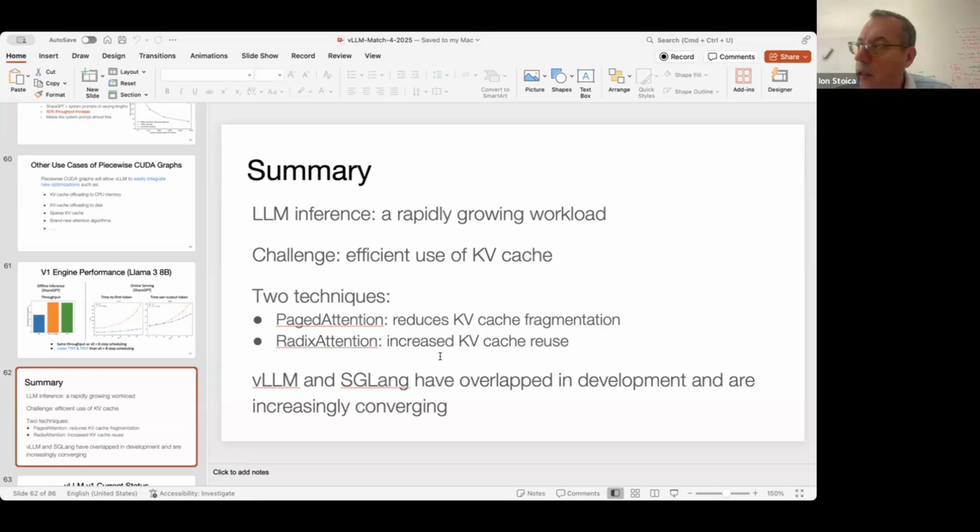For heterogeneous compute, building for different accelerators, it's a strength of vLLM because from day one it sought to support multiple accelerators. Before V1, we'll see after V1, SGLang was easier to develop and to extend, also because it has fewer features.